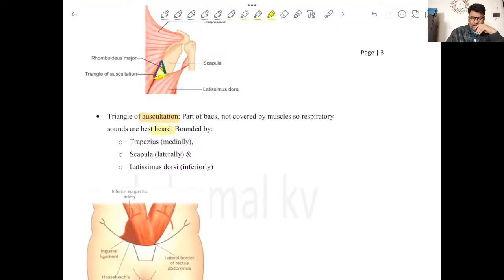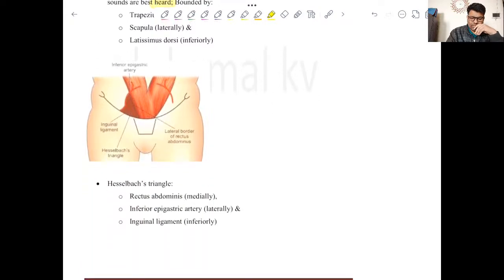Clear? Then another triangle which is very important in surgery is the Hesselbach's triangle. Now this Hesselbach's triangle is the site of direct inguinal hernia. Clear? And the boundaries are like this. The medial boundary is formed by the rectus abdominis muscle.